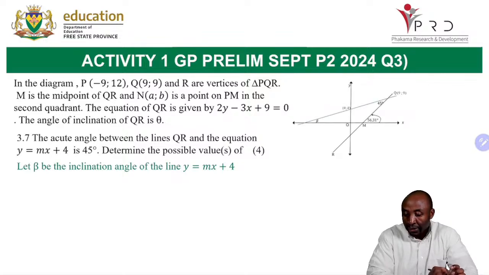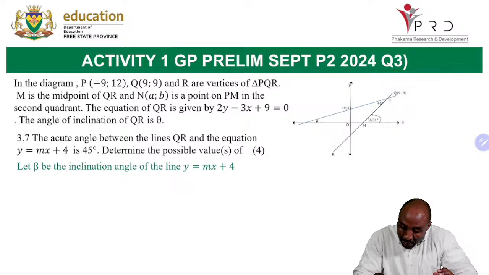And you will realize this is how it would look, because the angle between QR and another line is 45 degrees. There we have our 45 degrees.